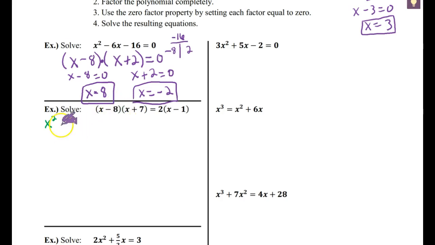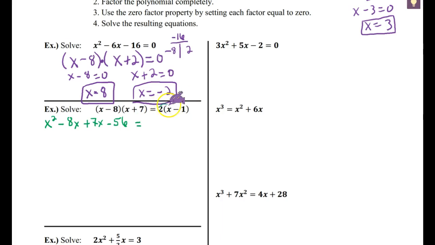Negative 8 times x is negative 8x. And then x times 7 will give me positive 7x. And lastly, negative 8 times a positive 7 is negative 56. And again, you could box that out or FOIL that out, whatever multiplication method you like.